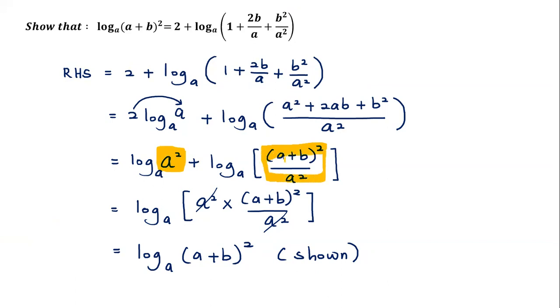Because of the plus, it becomes times here. Can you see times here? That's why a square is multiplied by this whole thing. Understand? So done, this is your answer for this question, class. Thank you.